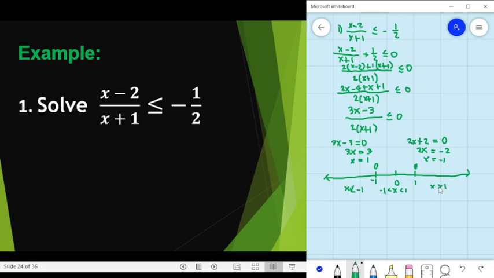Okay? So, that is why, makahimo ka og table karon na mauni nga part is interval nga column. Next nga column is x is less than negative 1. Next nga column is x is between 1 and negative 1. And sunod po nga column is ang x is greater than 1.